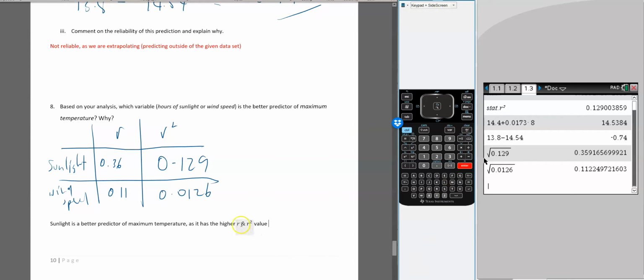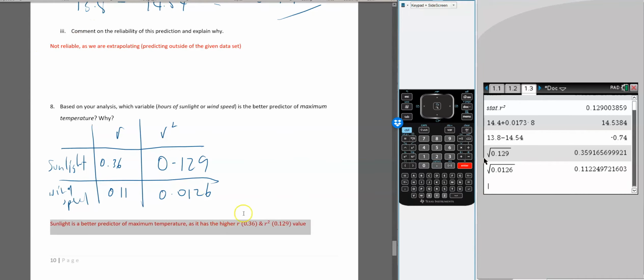Okay, and I just quote what they actually are: 0.36 and 0.129.